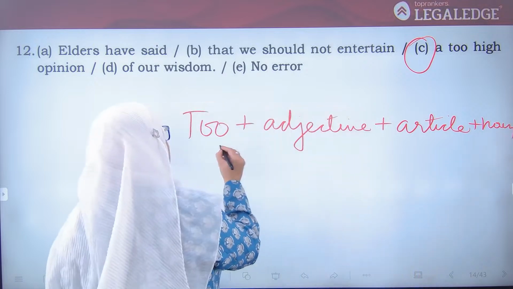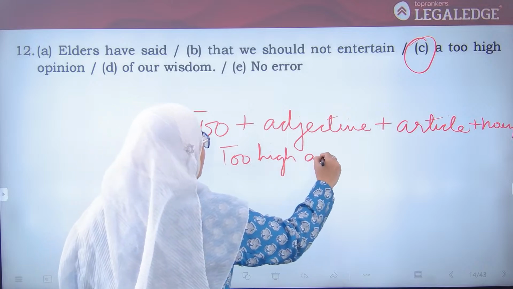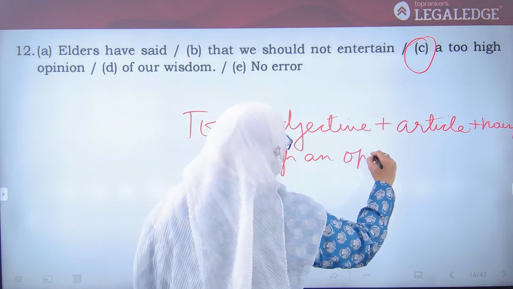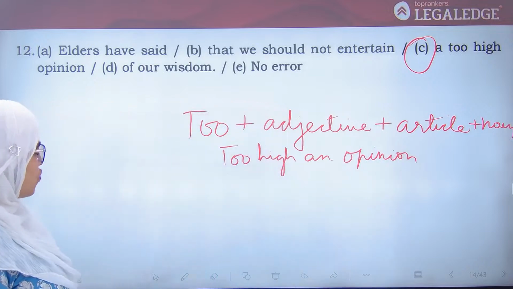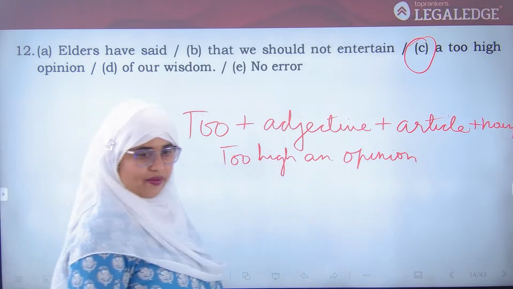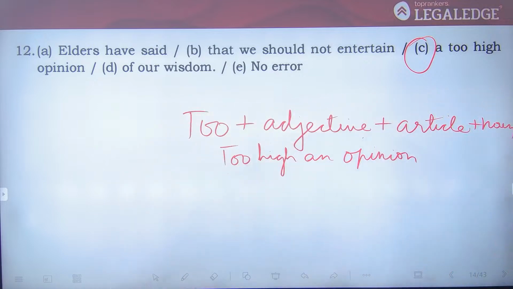So accordingly, too high an opinion is the correct structure. Structural error, I would say. This sentence had a structural error.